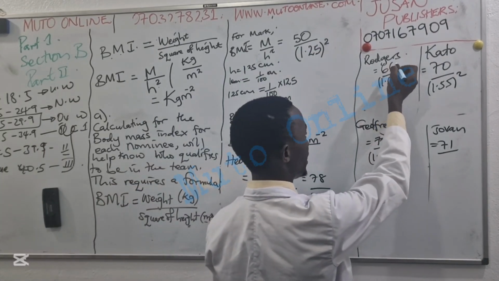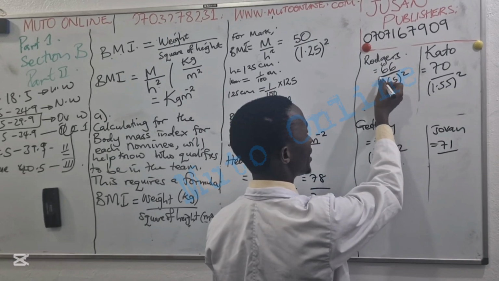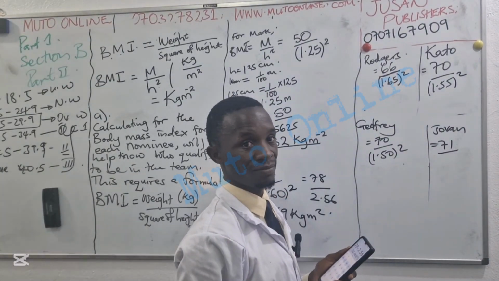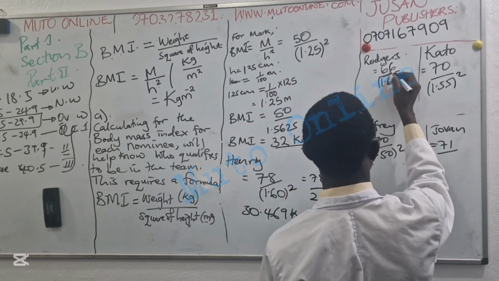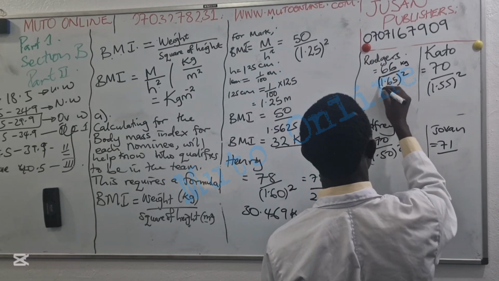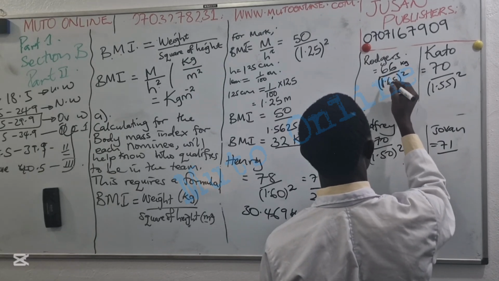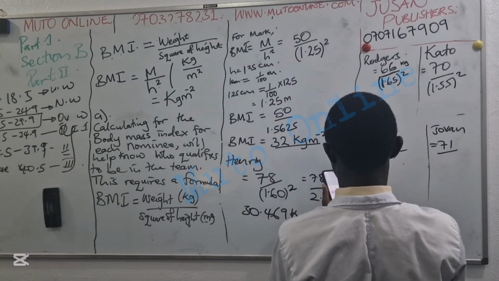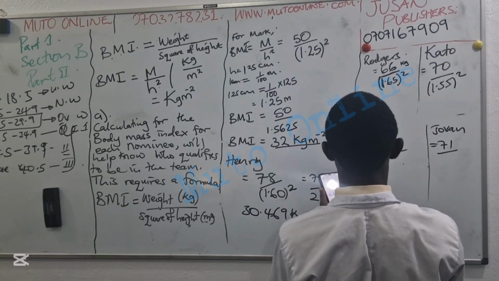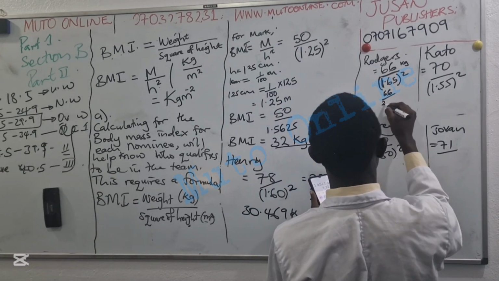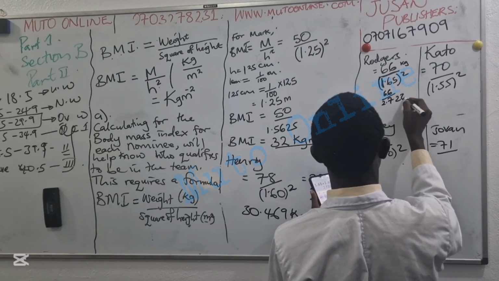When we go to Rogers, Rogers has a height of 1.65 and weight 66 kilograms. And when we get a square of his height, we shall get 1.65 times 1.65, which is 2.7225.